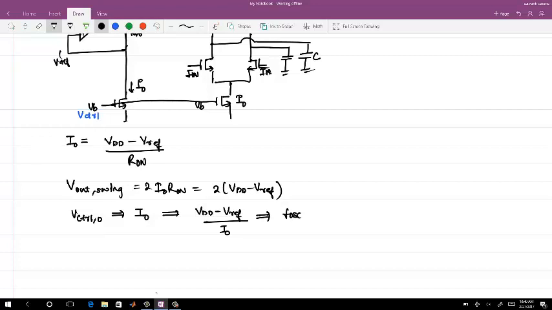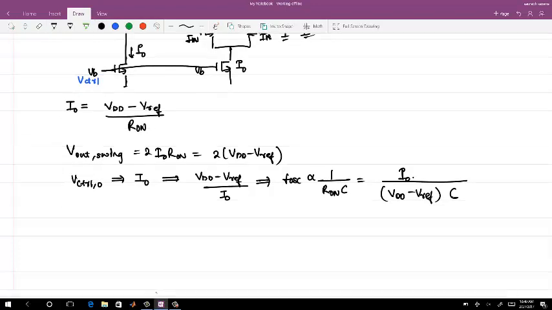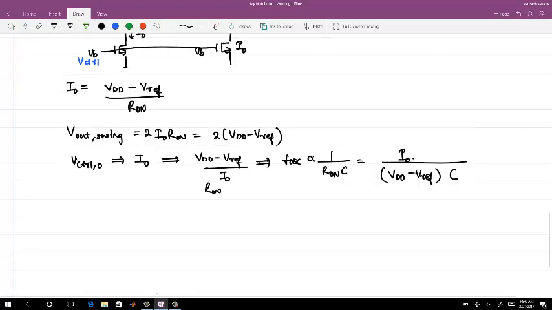F oscillation is inversely proportional to R on C, and R on is your what? VDD minus Vref by I naught, and this is C. This is your R on. So just see the flow, which signal you control and what it leads to.